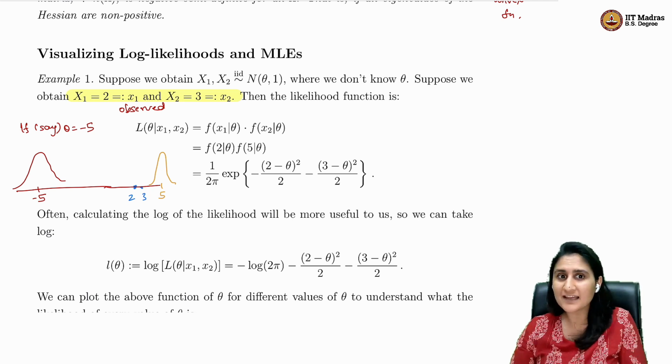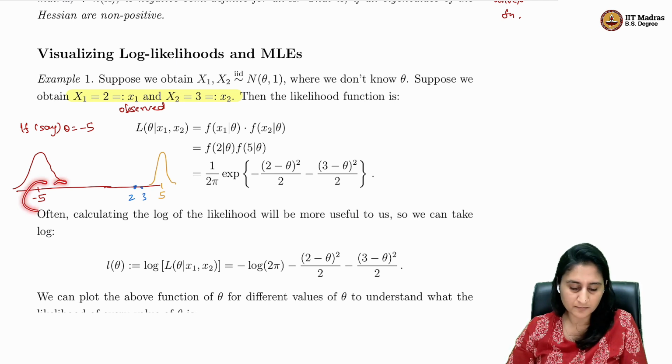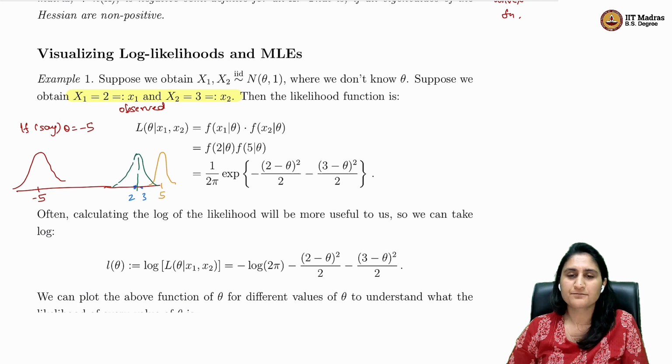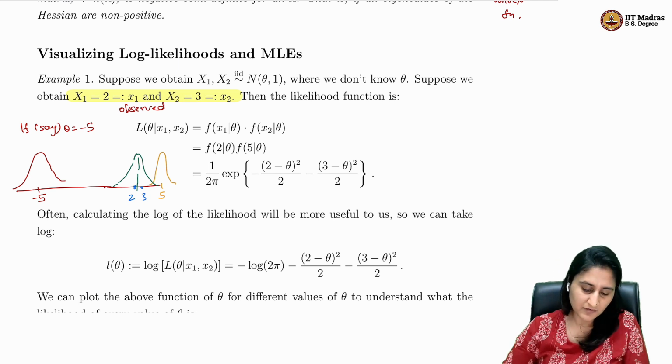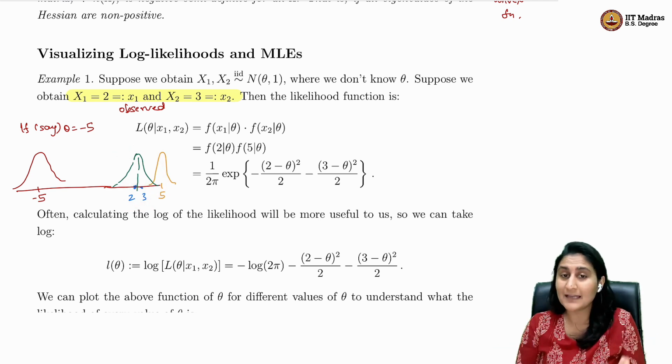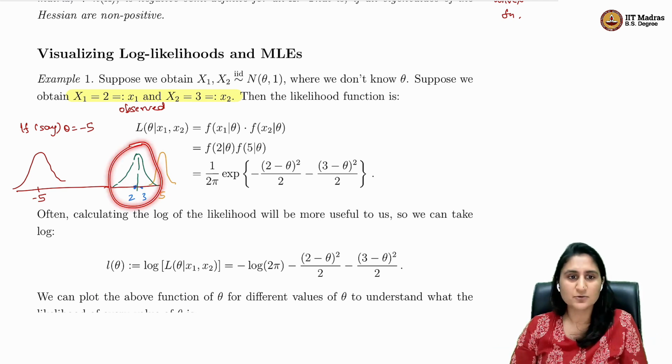Okay, maybe not very likely, but still fairly much more likely than this draw. But actually, what would be really likely for these two draws is if theta was somewhere here, right? If theta was somewhere here, then we would certainly think, okay, theta is somewhere in the middle between 2 and 3, and then 2 and 3 are going to be very reasonable and quite highly likely draws from this distribution.